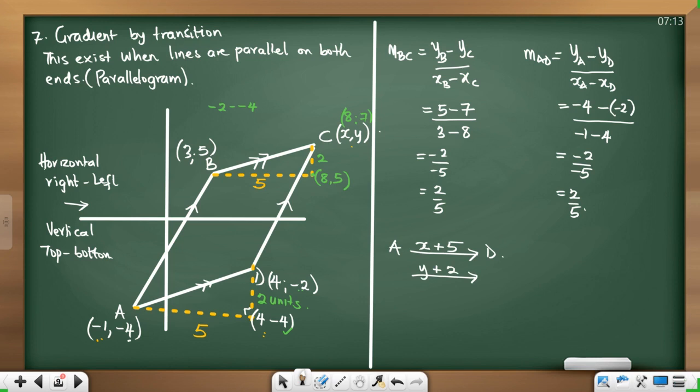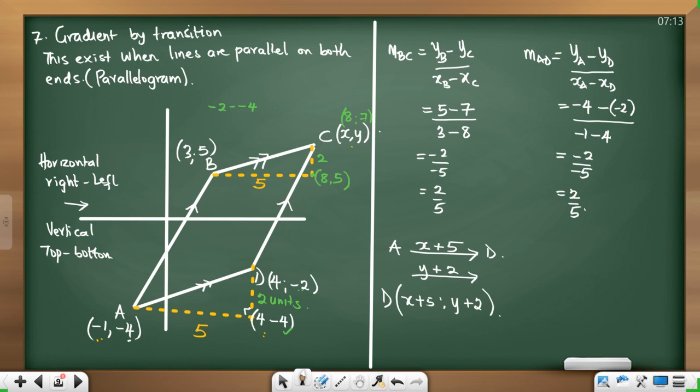And that gives me the coordinate of D. I hope that makes sense. X and Y. So to write it, you would see us doing this. X plus 5, no, D, not A now. X plus 5, and then Y plus 2. That's the transition. X plus 5 and Y plus 2.